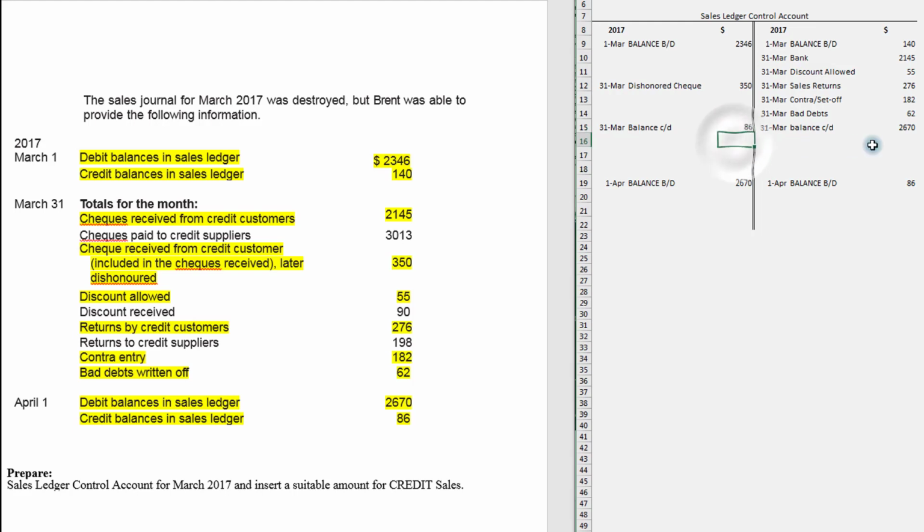So let's total both sides and find out the missing figure if anything is missing.